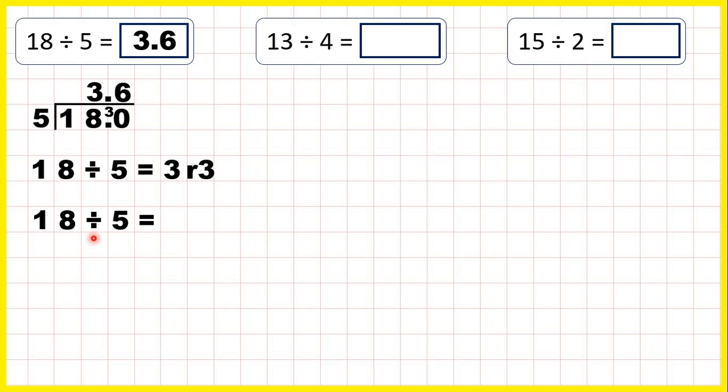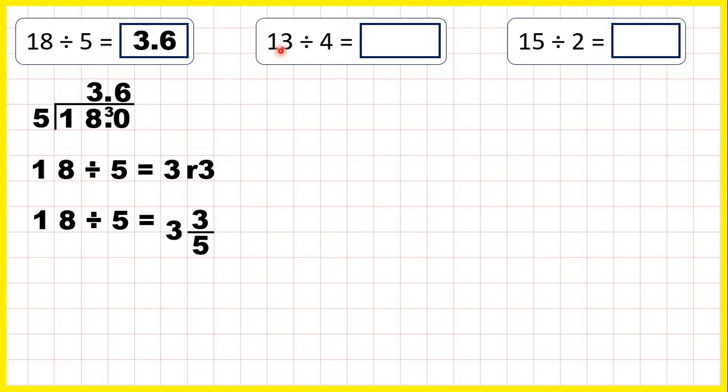We also know how to write remainders as fractions. 3 remainder 3 is the numerator, then the denominator is the divisor. And that makes sense because 3 and 3/5 is the same as 3 and 6/10. 3/5 and 6/10 are equivalent, and that's why when writing the remainder as a decimal we get 6/10.